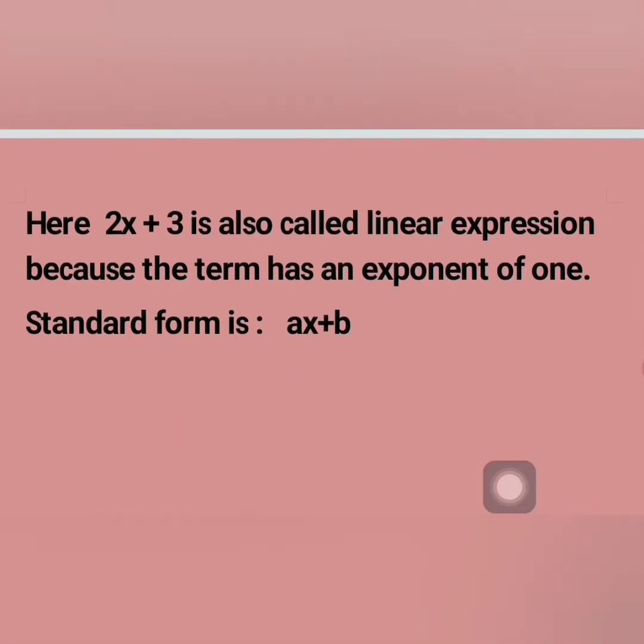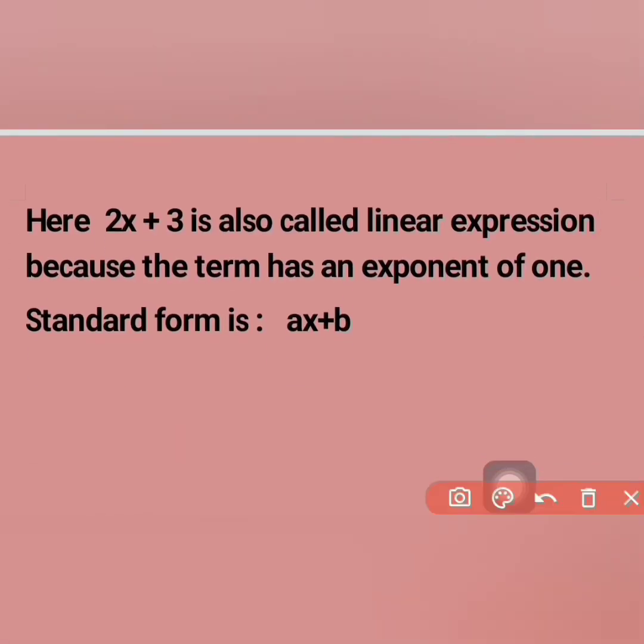Now here we can notice that 2x plus 3 is also called a linear expression because the term has an exponent of 1. Standard form is ax plus b. Okay, focus on the words: the term has an exponent of 1. Here you can notice, what is the power of x? When there is no power written, that means the power is 1.